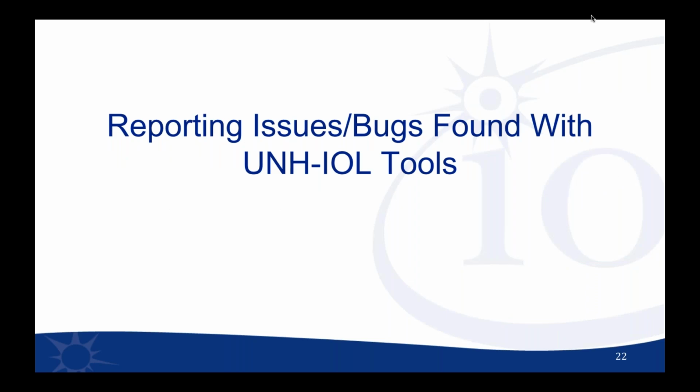Now, of course, one of the big things is that there are many dozens of types of SSDs out there, different SKUs, different companies. And so here at UNH, we want to make sure that our software is supporting all of the different variables in the NVMe spec and all the different types of devices that are out there. And with that variety comes issues and bugs.